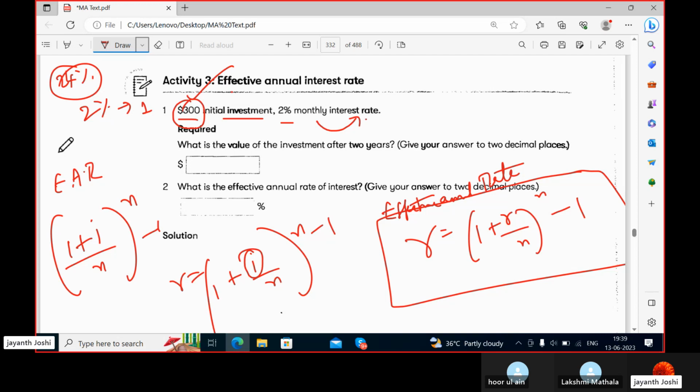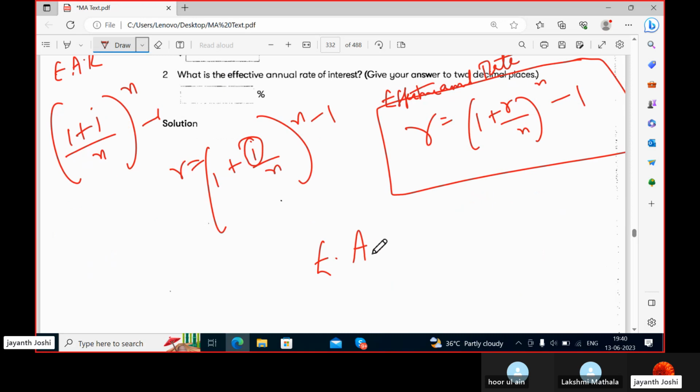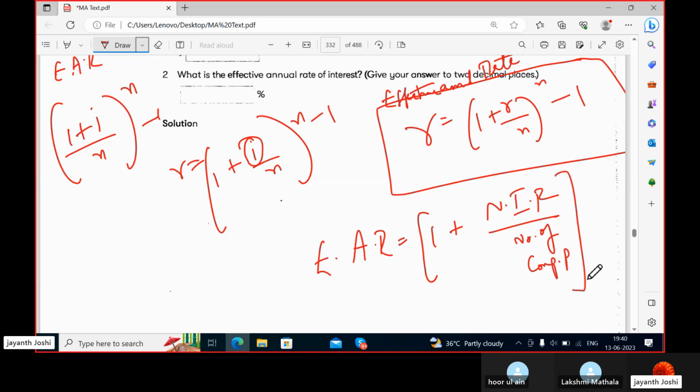So shall we do a question? Yes, sir. So if I want to write down this formula in words, I would write it this way. Effective annual rate is equal to (1 plus nominal interest rate by number of compounding periods) whole power number of compounding periods minus 1.